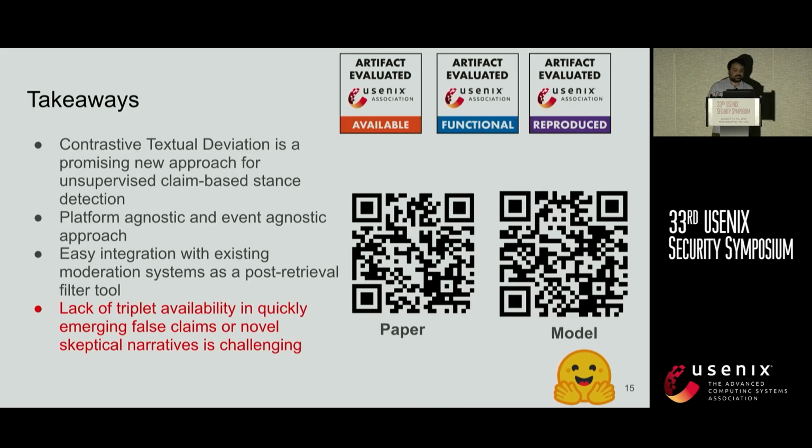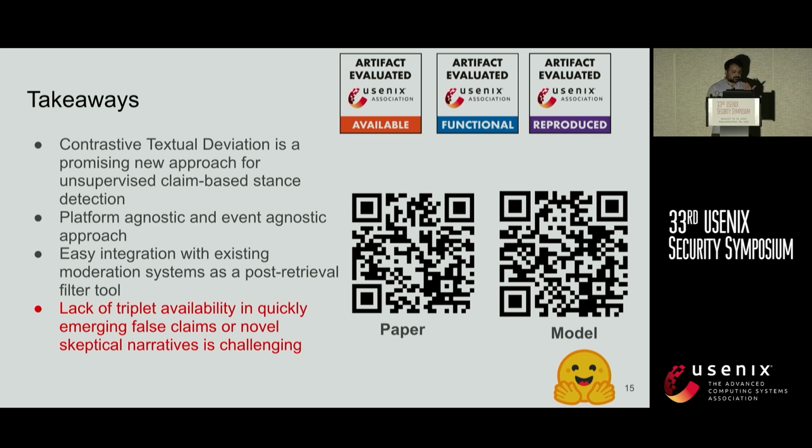So in summary, we proposed a new approach for unsupervised stance detection called contrastive textual deviation. We motivated this approach to be platform agnostic and event agnostic, and we thoroughly tested this on multiple different topics. We also demonstrated how it can be easily integrated into existing soft moderation systems to reduce their false positives.